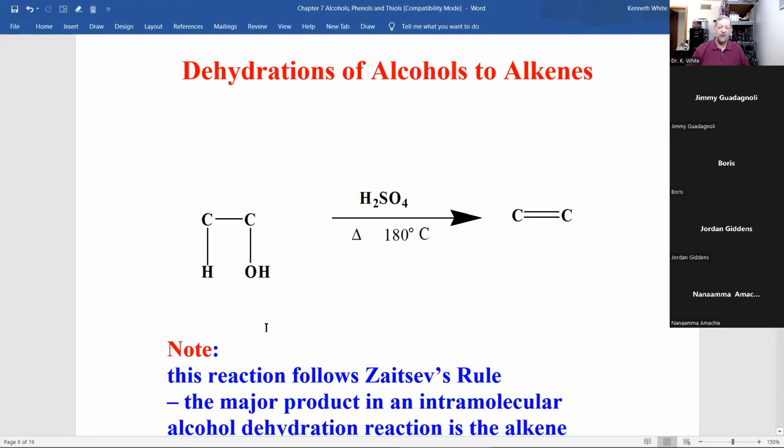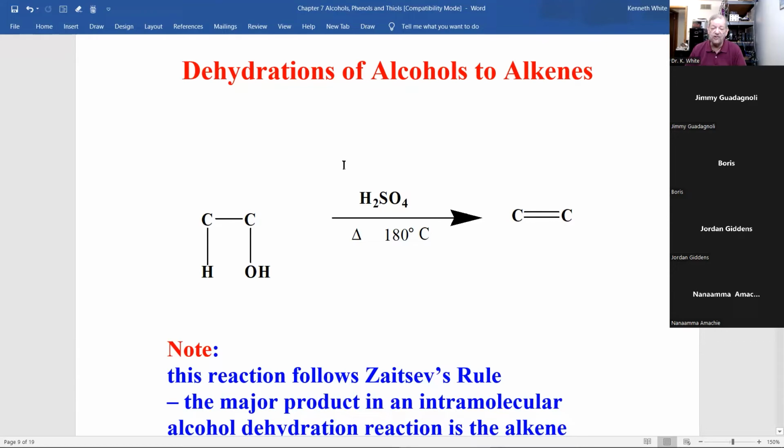What's on the screen is called dehydration of alcohol to alkenes, or just dehydration of alcohols. And what is dehydration? You lose water. If you look over here, if I lose the H here and a hydroxyl group OH on the adjacent next door carbon, you lose water, and between those two carbons, you form a double bond.